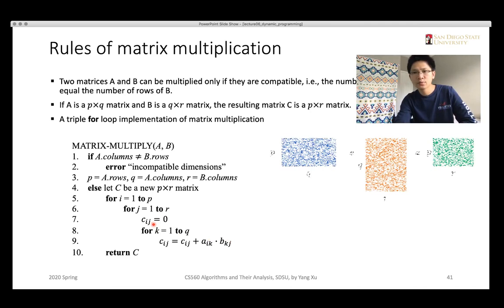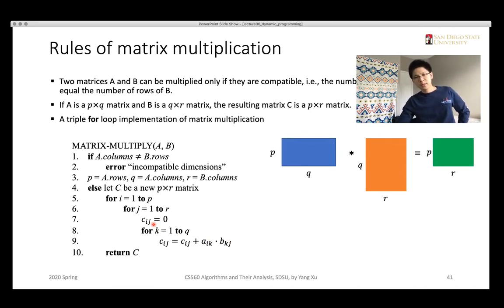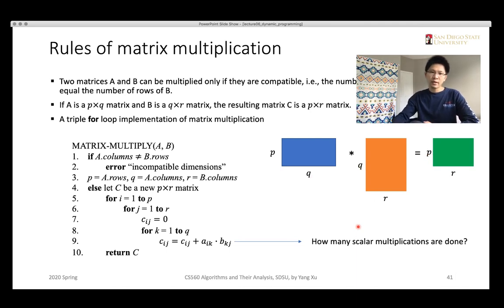So if we plot the two matrices together in a graph, A should be like this blue square. It has P rows and Q columns, and the matrix B has Q rows and R columns, so the Q matches here. And the result will be a P by R matrix C. Now the efficiency, how fast this algorithm runs, depends on how many scalar multiplications are done here, right?